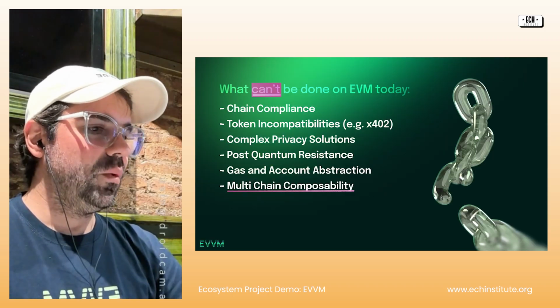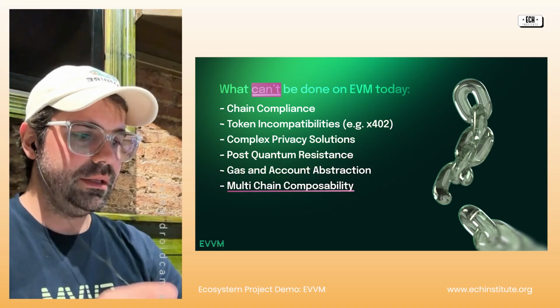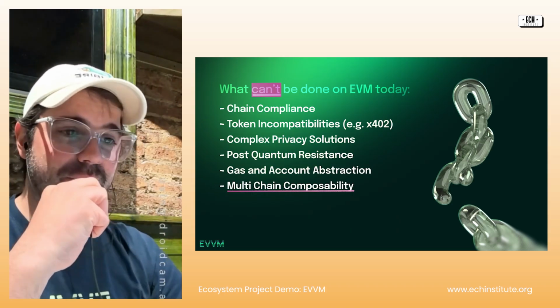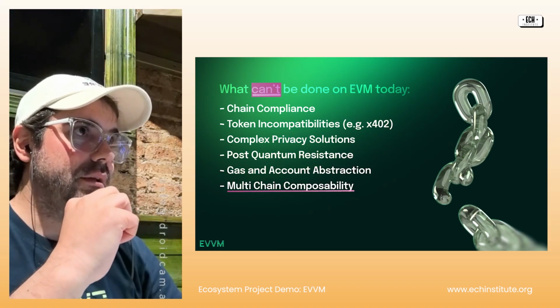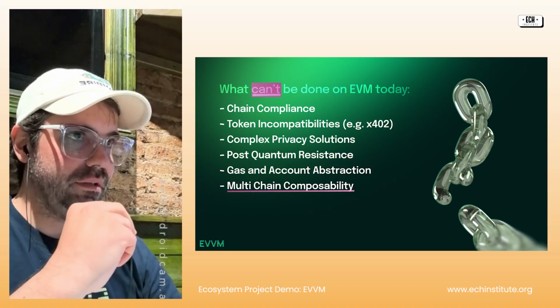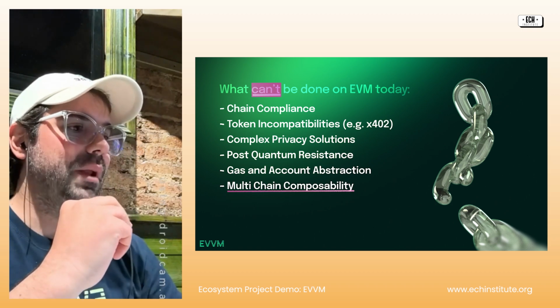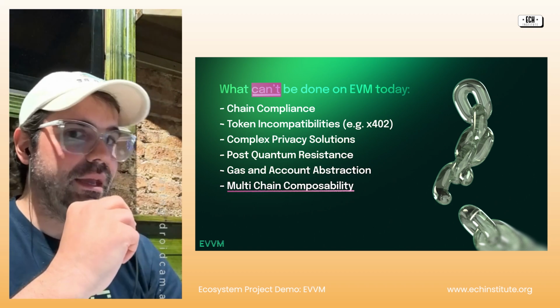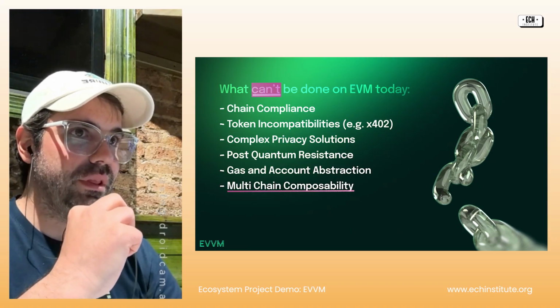So what can't be done on EVM today? This is very important. There is a typo there, sorry. Chain compliance means that the whole chain, Ethereum itself, Base, Arbitrum, other EVMs can be compliant as a whole, right? Every chain has their own compliance and it's fine for different services.